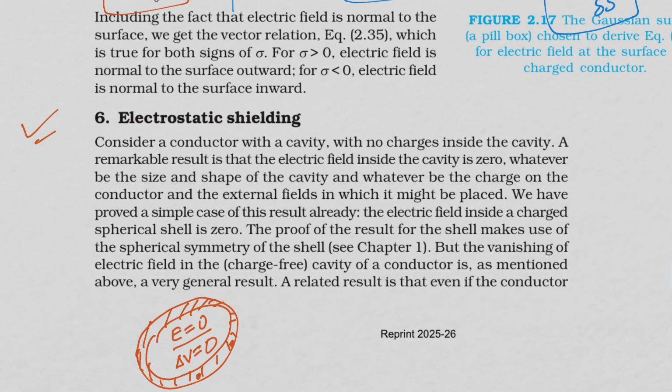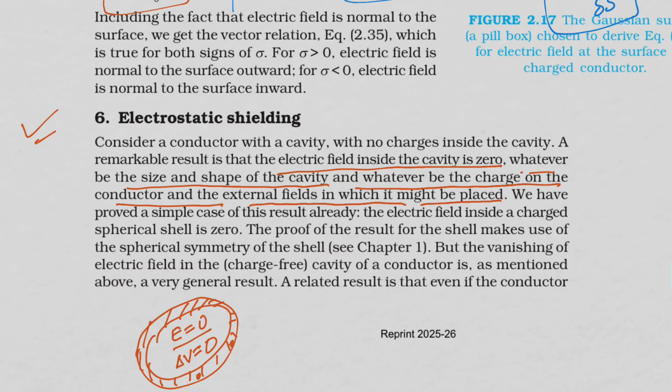As the NCERT book says, the electric field inside the cavity is 0 if you make a cavity, whatever be the size and shape of the cavity, whatever be the charge on the conductor, and whatever external fields it might be placed in.